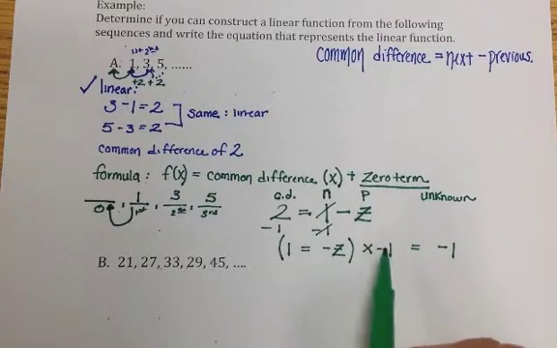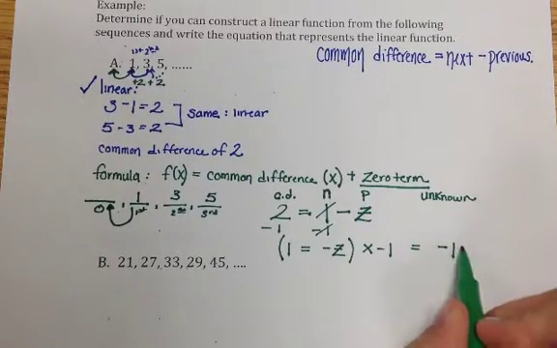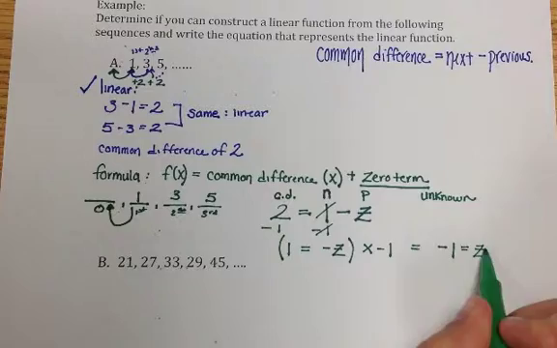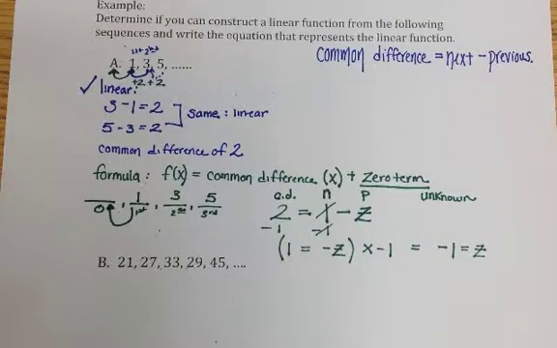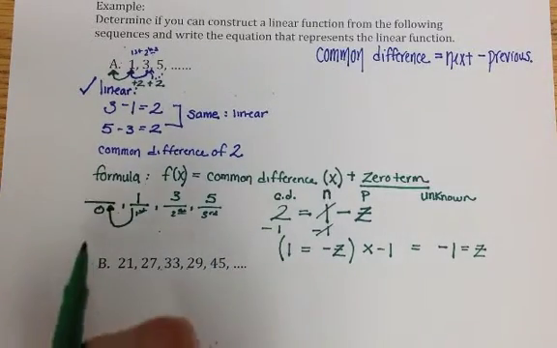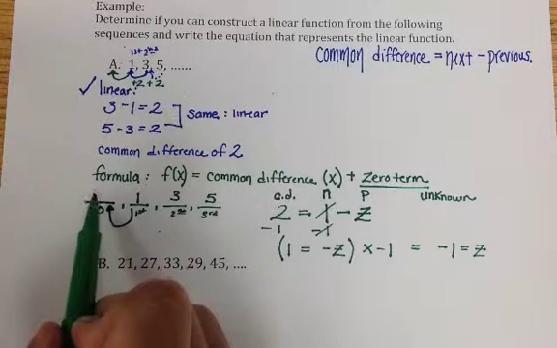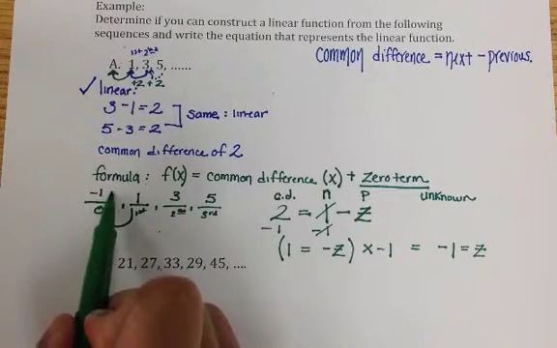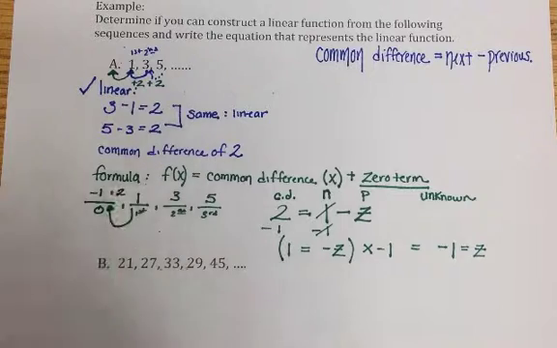And negative z times negative 1 would equal positive z. So your sequence starts at negative 1, and you can check it. If this is negative 1, and I add 2 to it, will I get to positive 1? And the answer is yes.